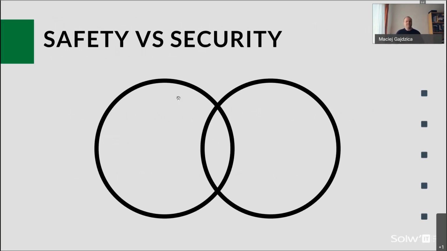And of course, there is some common ground for safety and security, because if attacker takes control of our device, and this device is part of nuclear power plant or airplane, we have huge risk of the accident. But those two fields have also some things that are not common for safety and security.